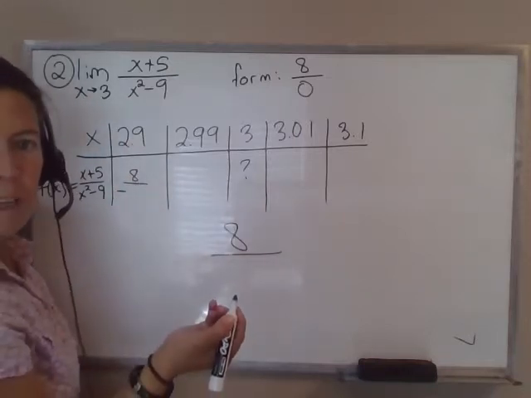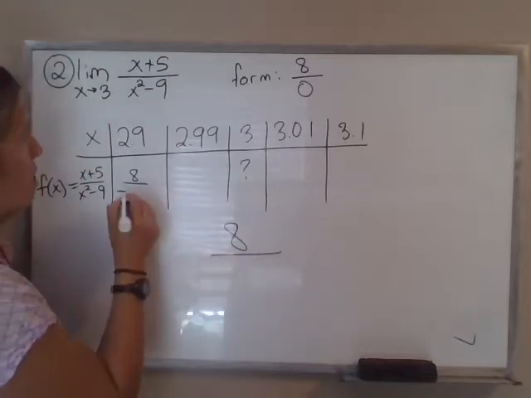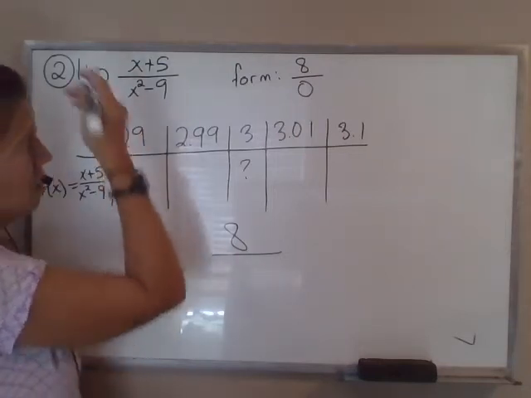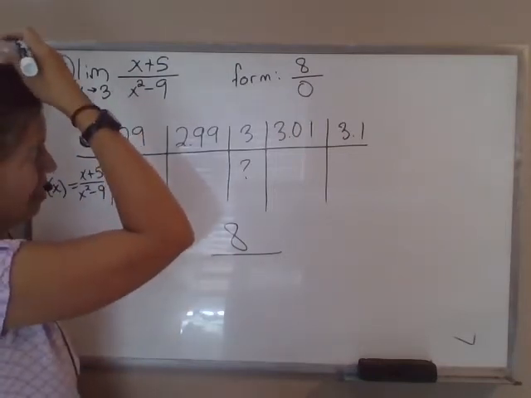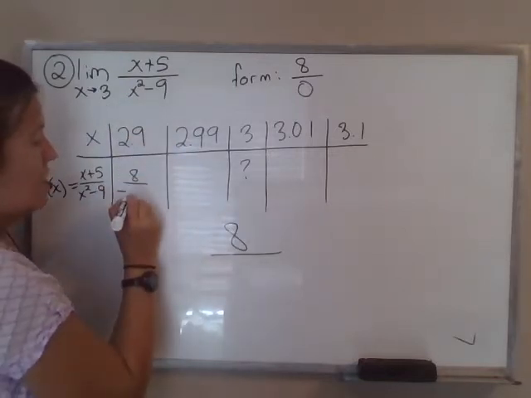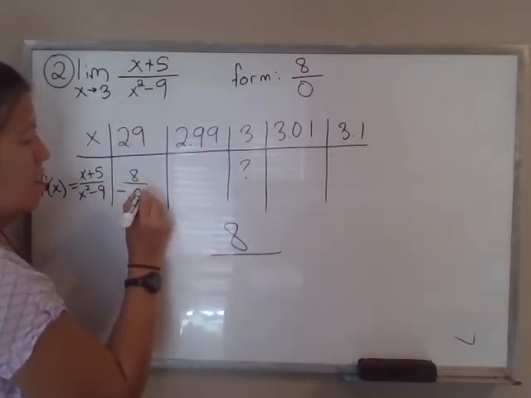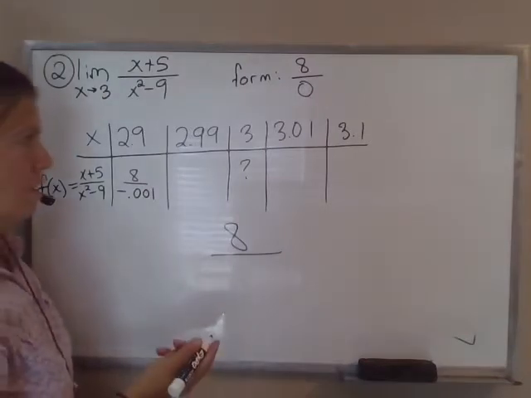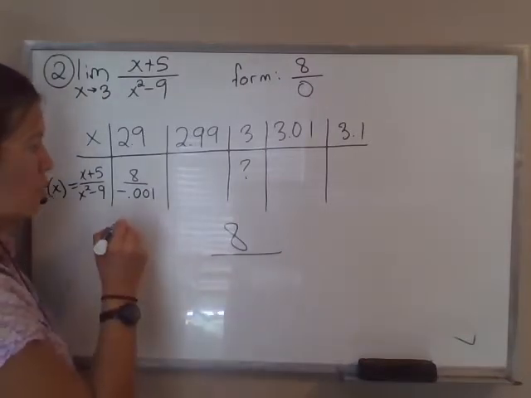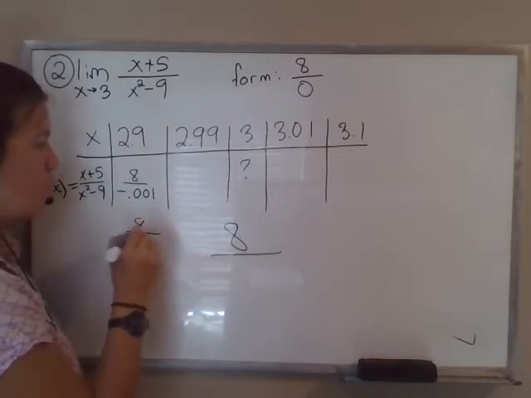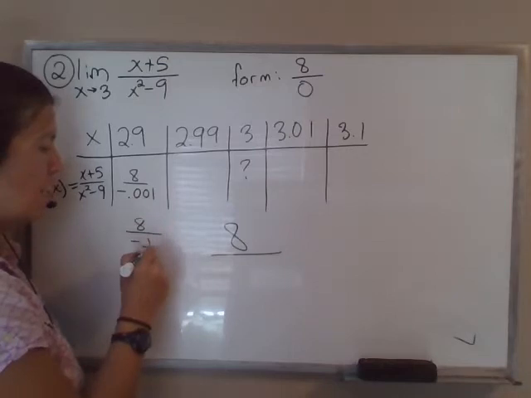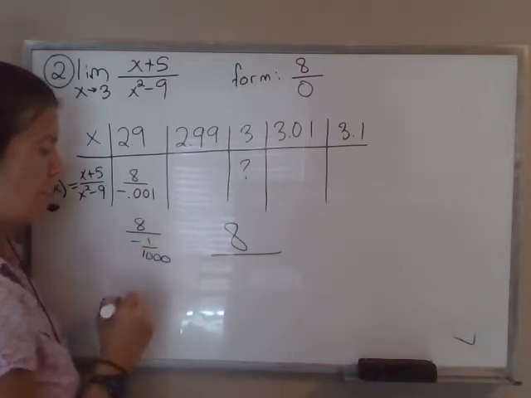So just to keep things simple, let me make it up. You're going to have something very close to 0, because we're plugging in something very close to 3, but slightly less than 3, so it's going to be slightly negative. So let's say it's negative 0.001. Well, that would be 8 over negative 1 1,000th.